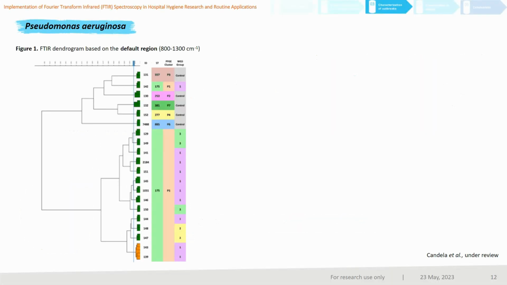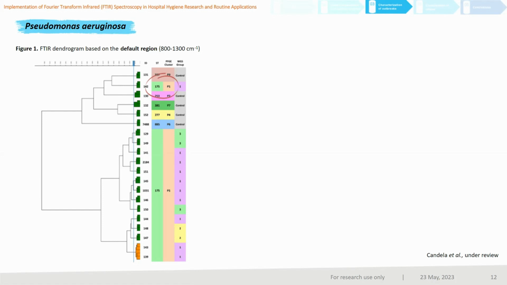And here is the dendrogram obtained using the default region of the system, which corresponds to carbohydrates. This outbreak was caused by a Pseudomonas strain belonging to ST175, and we can observe that the majority of this ST was in the same cluster. However, one outbreak strain was classified outside this cluster together with other STs.